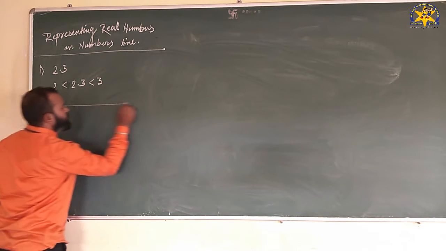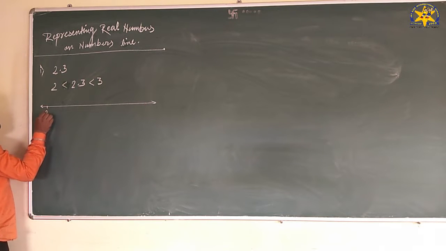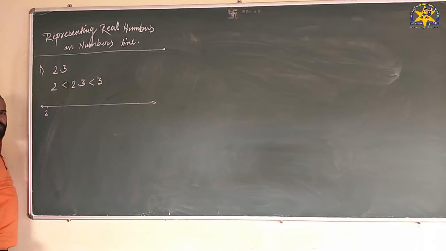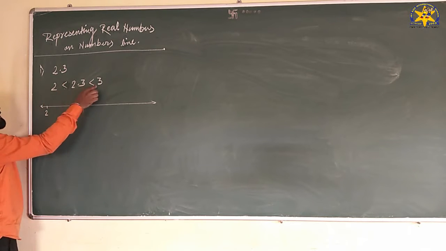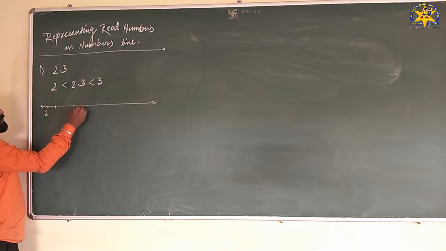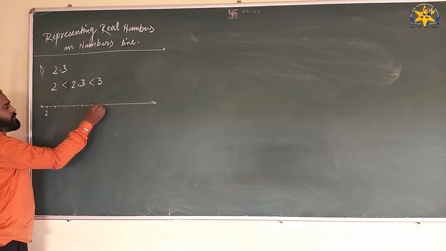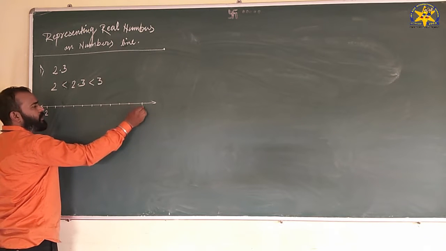So what were we doing? We were taking a number line. Here 2. Between 2 and 3 we make 10 divisions: 1, 2, 3, 4, 5, 6, 7, 8, 9, 10.